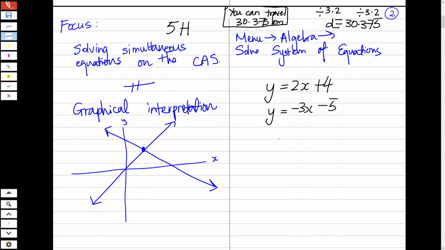What's the solution? Say it again. Okay. So the reason why I'm asking this question is to check whether you actually understand what it means to solve simultaneous equations. So if I say these are my simultaneous equations, what should my solution look like? What do I need to give?